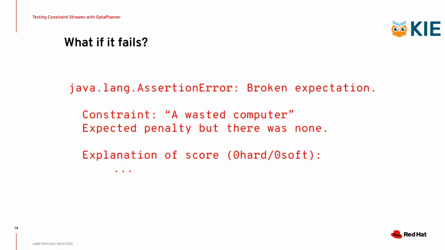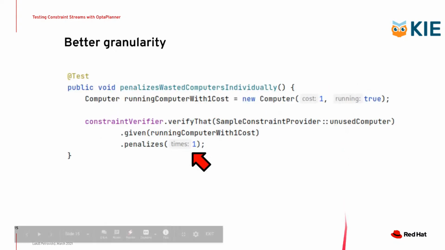So you would be able to better understand what actually happened with the scoring. So the exception message, I think, is pretty simple. So let's move on to checking your failures in a way that's more granular.